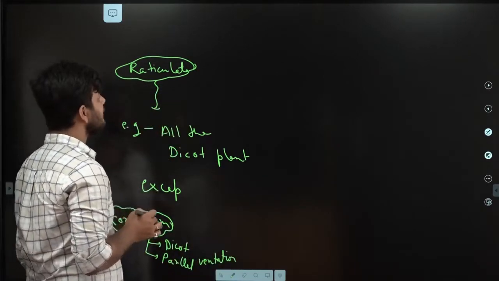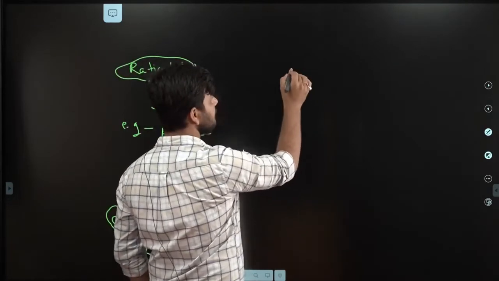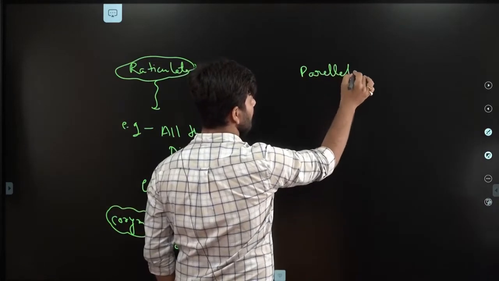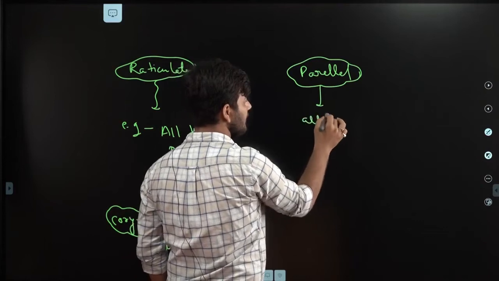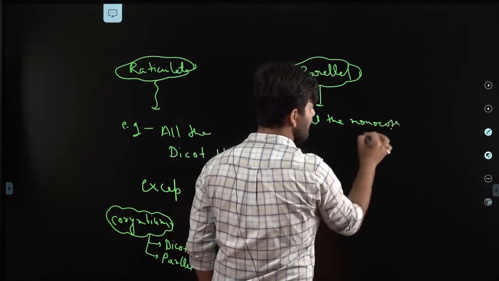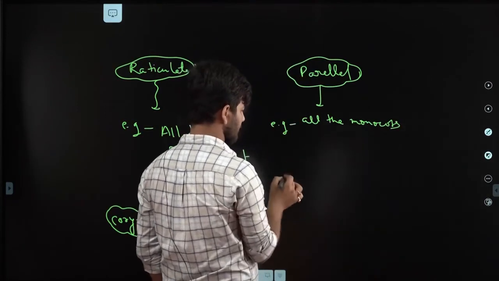Likewise, next, parallel venation: all the monocots are its example, except some.